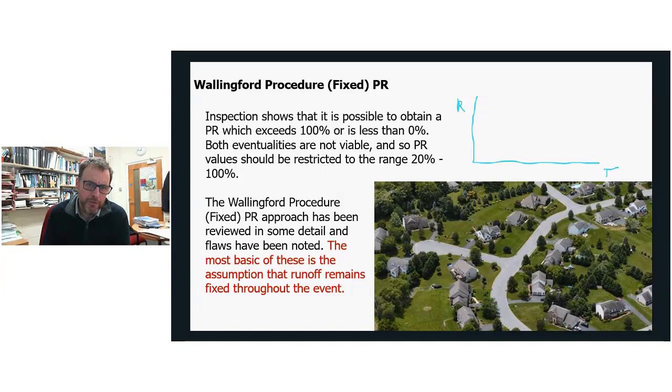We expect high infiltration rates, but then it levels off when the soil becomes saturated. Using a fixed PR right through the rainfall event assumes basically that our infiltration rate remains fixed all the way through it, which isn't very realistic.